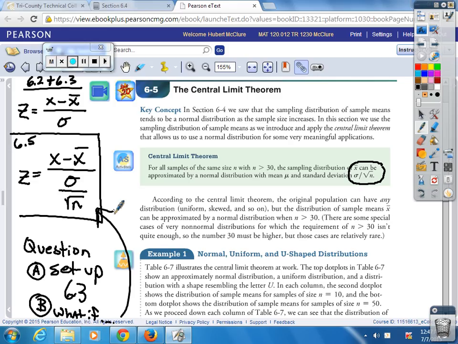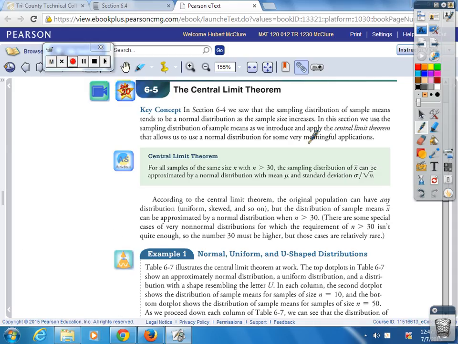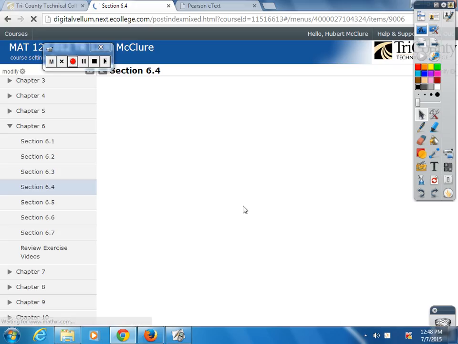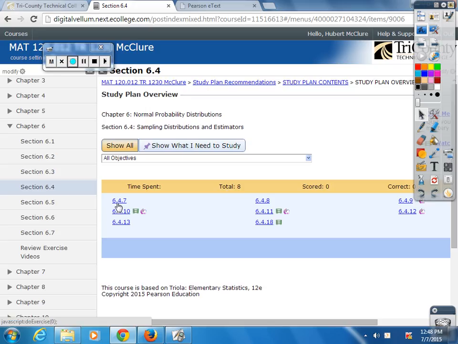So let's take a look at what we're talking about, because this is the best time to just show you a problem instead of anything else. And there are not many problems because you already know how to do it. All you're doing is changing the formula.